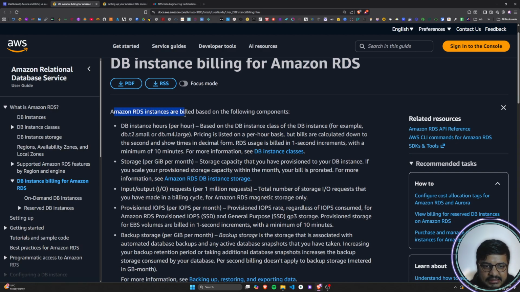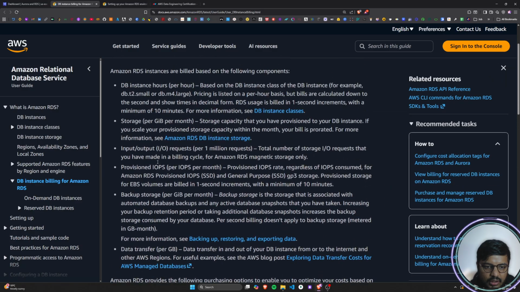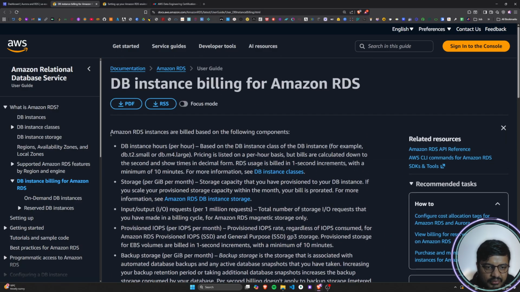Amazon RDS instances are billed based on the following components. First one is DB instance per hour, based on the DB instance class of the database instance, for example db.t2.small or db.m4.large.